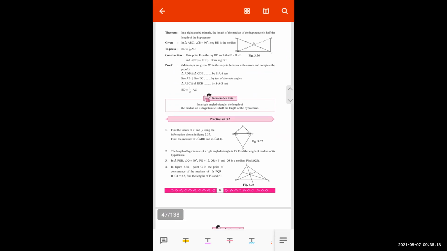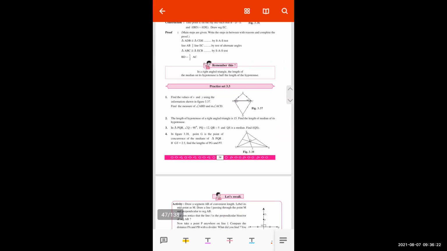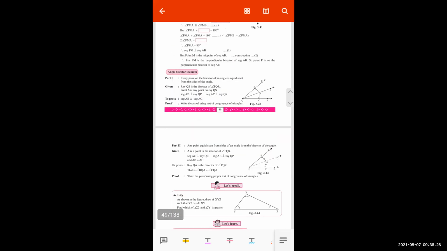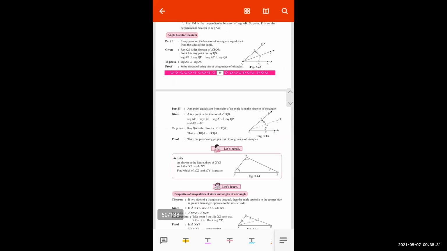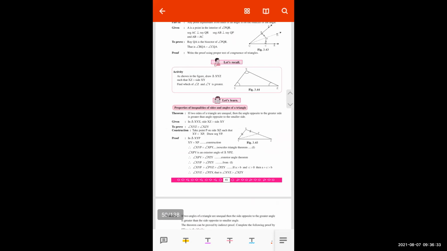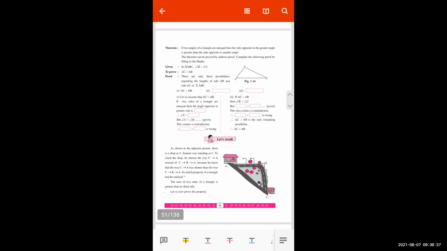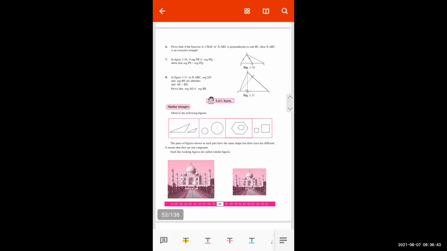Page 39, nothing reduced from it. Page number 40, nothing reduced. Page 41, nothing reduced. Page 42, also nothing reduced. Page 43, nothing reduced. Page 44, learn completely. Page 45, complete.